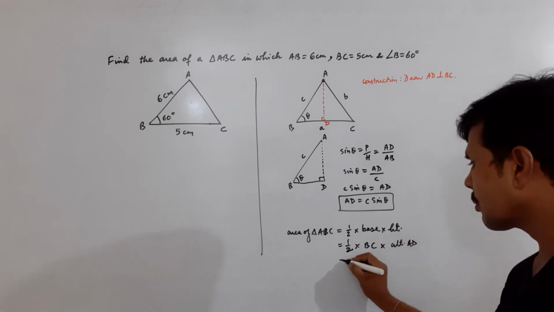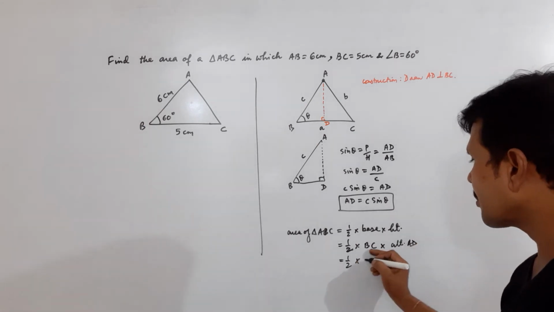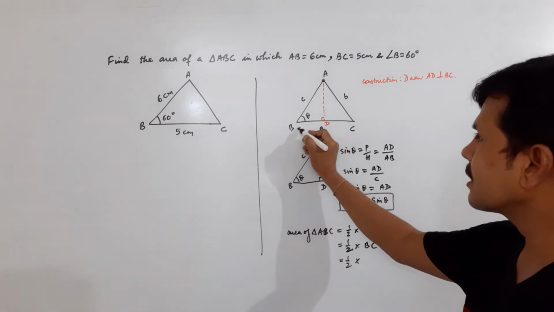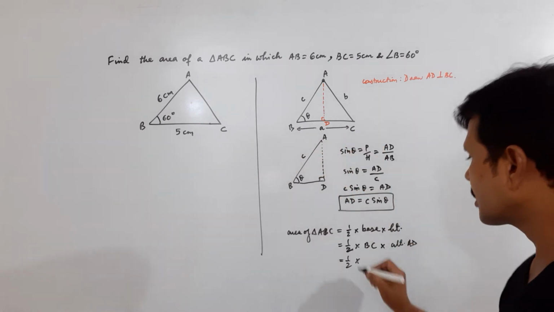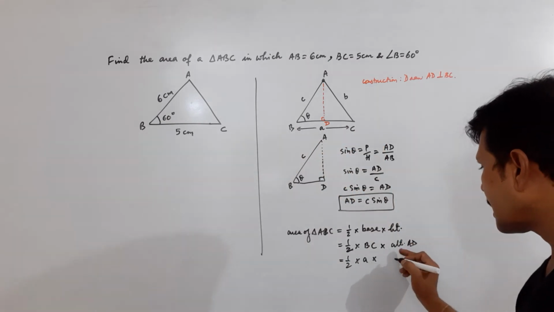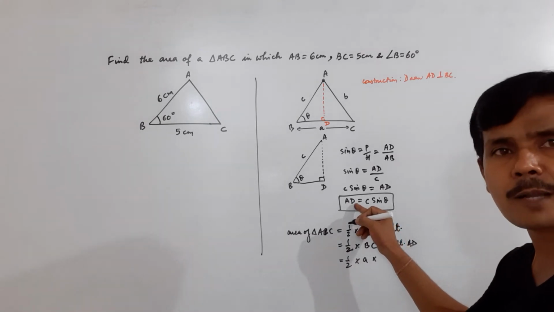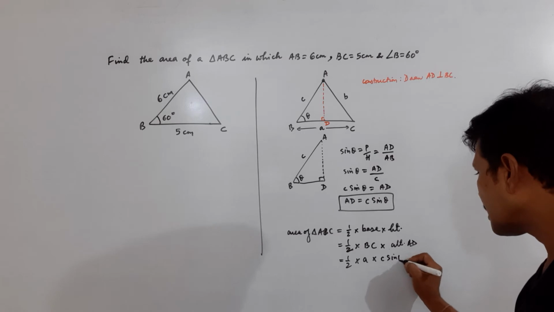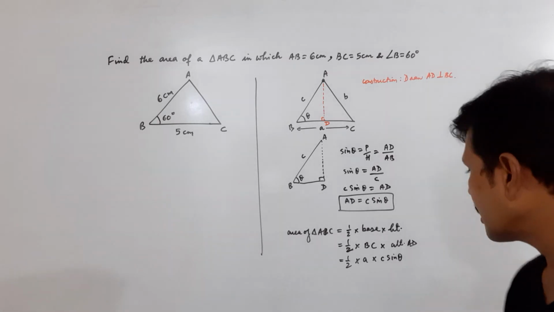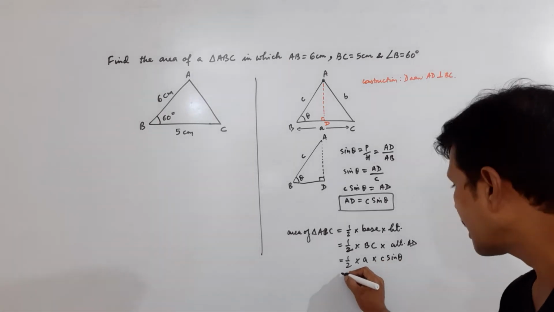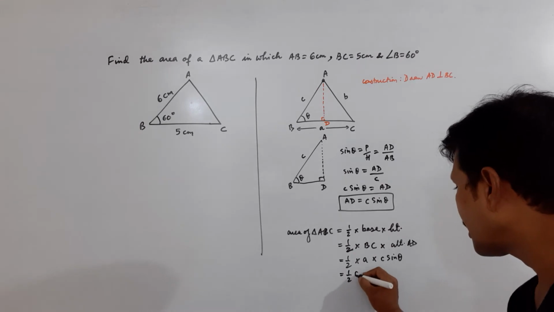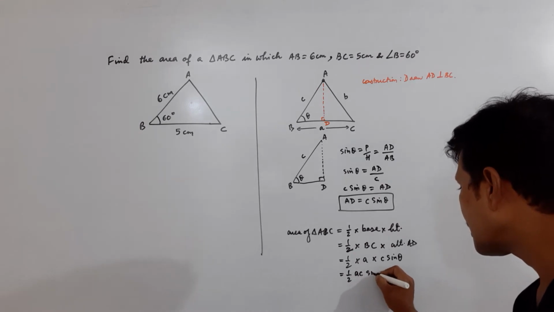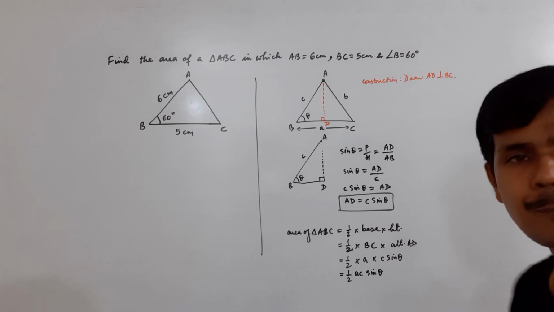Now, in place of BC, I am going to write a, this small a. And altitude AD we have just now calculated: this is c times sine theta. So this looks like half a c sine theta.